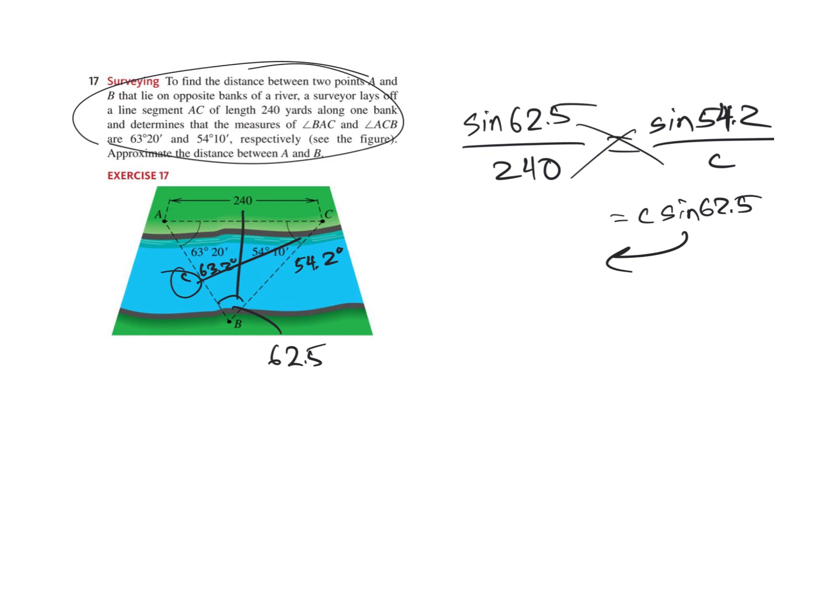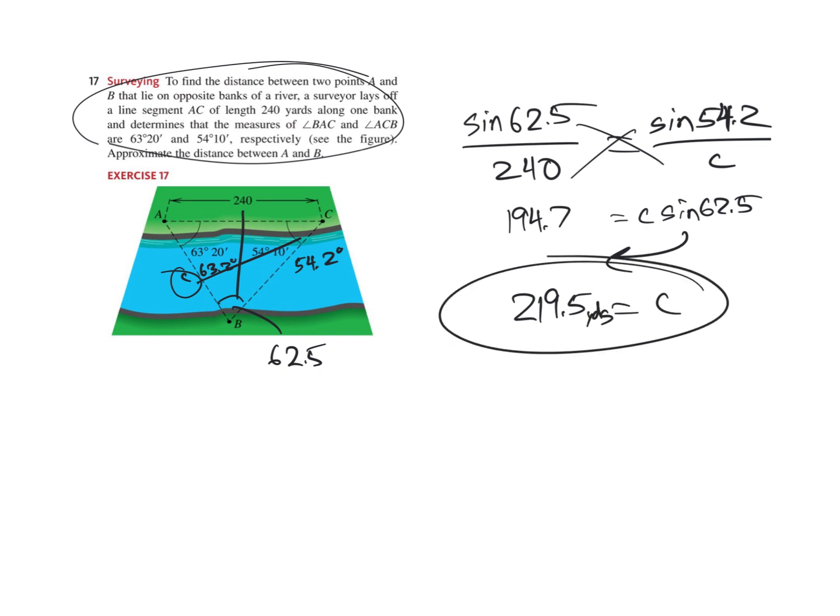Okay, so 240 times the sine of 54.2 is 194.7, divided by the sine of 62.5. Okay, that's better. So c is 219.5. This is yards. And that's what we wanted. Okay, next one. Number 18.